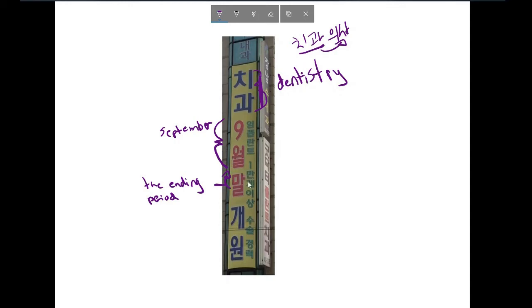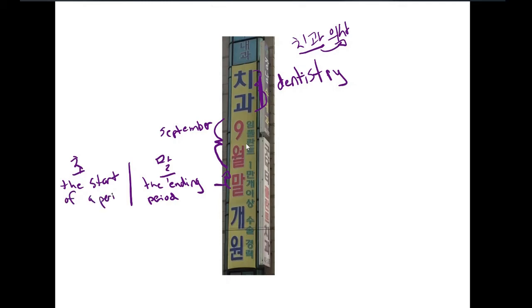The opposite of this, if you wanted to refer to the first few days of a period, or the start of a period, so 말 is for the ending of a period, you could say 초 for the start of a period. And again, it doesn't have to be a month.